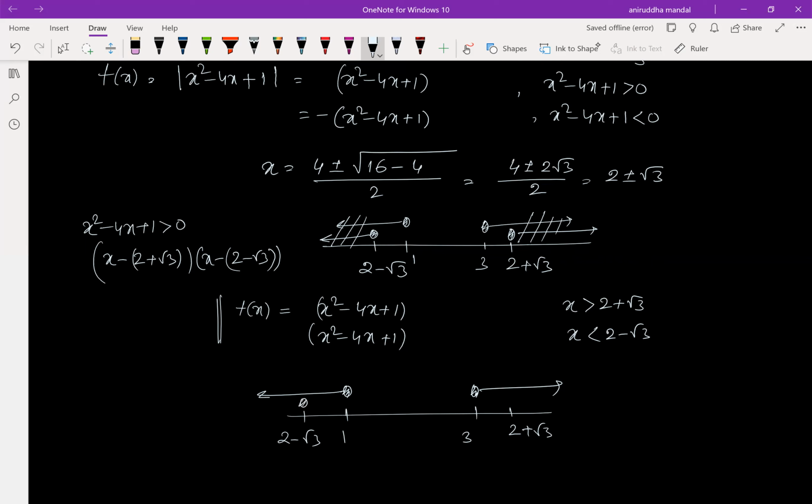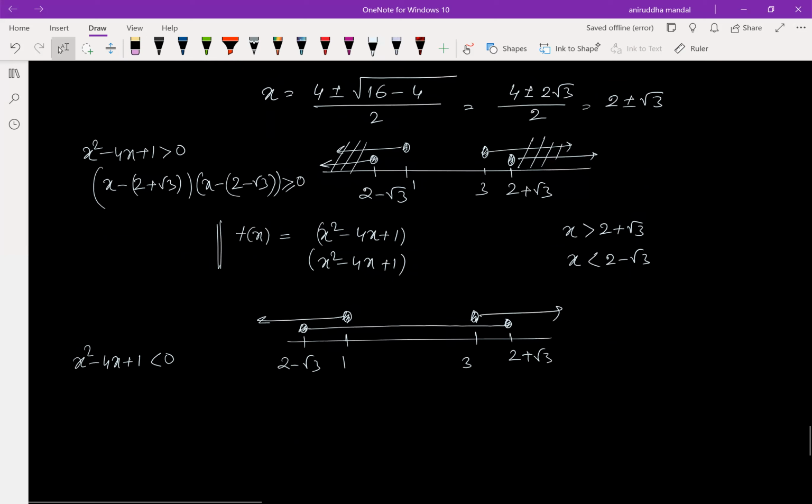So negative means this second part, which lies between x minus root 3 and this is greater than 0, and second portion is this x square minus 4x plus 1 is less than 0. So less than 0 means x minus 2 minus root 3 and x minus 2 plus root 3, this is less than 0.